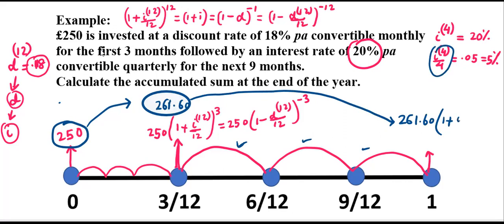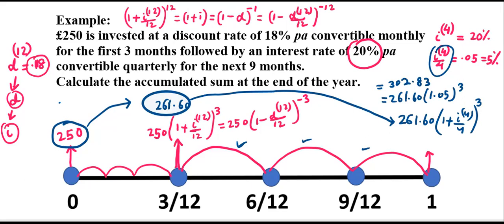If you want, you can write I4 by 4, and three periods are there. So that is 261.60, 1.05 power 3 periods. You find the value, and that will be the final answer. You don't need to find a lot of things. You can check it.